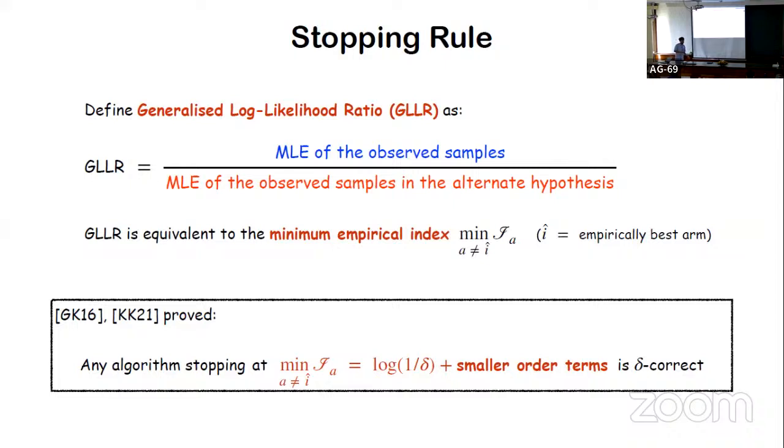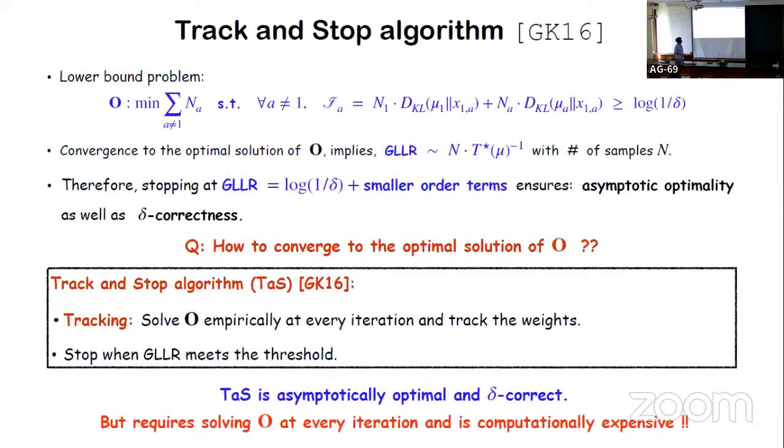Now the question is how early we can reach that threshold, and for that we have to look at the lower bound problem again. If we can somehow design an algorithm whose allocations are converging to the solution of the lower bound problem O, then the GLLR, or the minimum index, actually grows like n upon t star mu, where t star is the optimal constant for the instance mu.